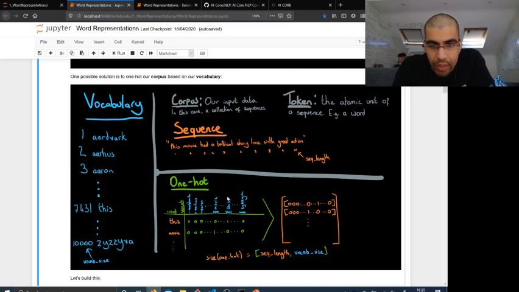Our first entry, for the word this, has a 1 at index 7,431. Our second entry, movie, has a 1 at index 4,800, and so forth. A might be index 25 or something, and that will be the fourth entry in our one-hot matrix.